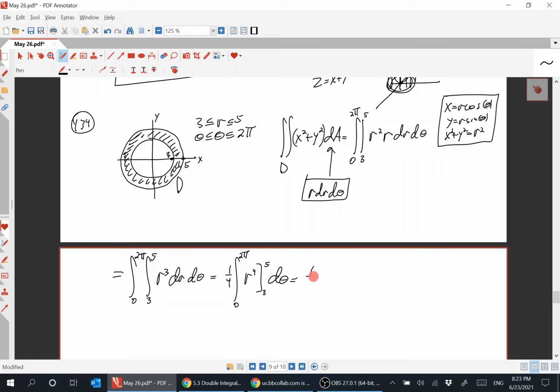So 5 to the fourth is 625, minus 3 to the fourth, which is 81, d theta. So 625 minus 81 is 544.